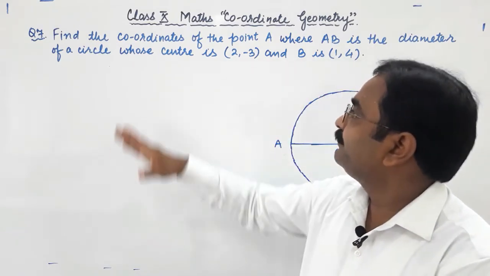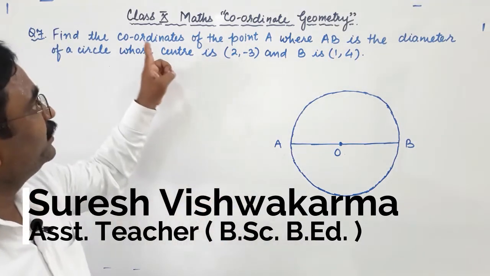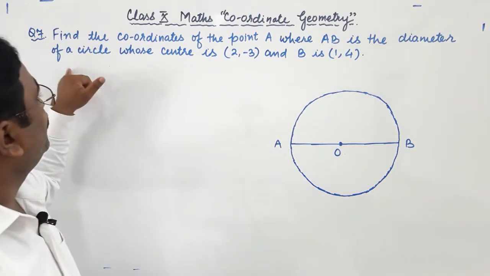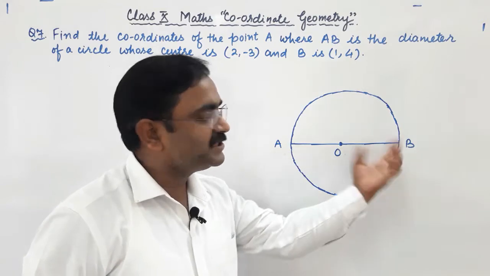In this it is given: find the coordinates of point A, where AB is the diameter of a circle. This is the given circle, and AB is the diameter.